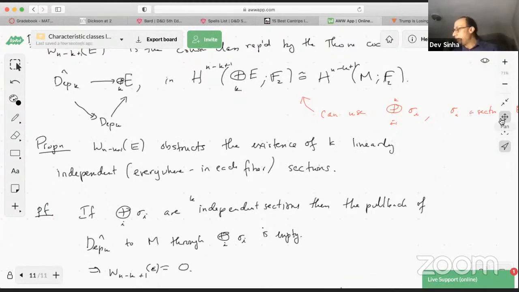So such sections do not exist. Right. So that's really the identity of these Stiefel-Whitney classes. They obstruct independence of sections.